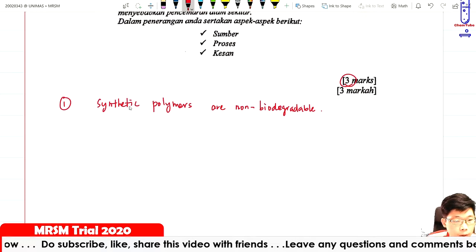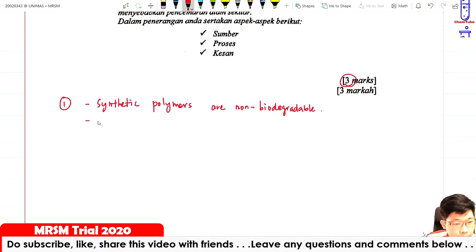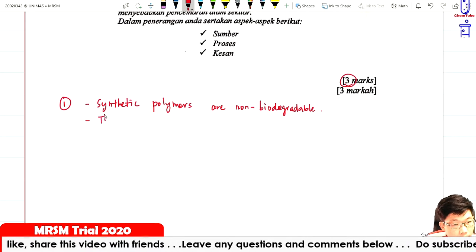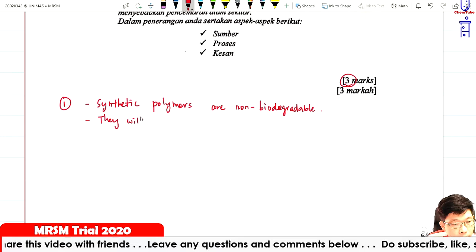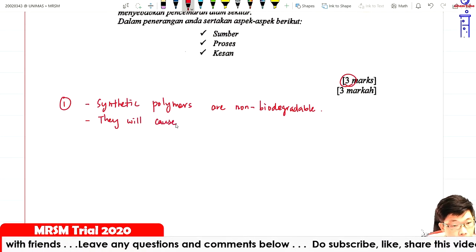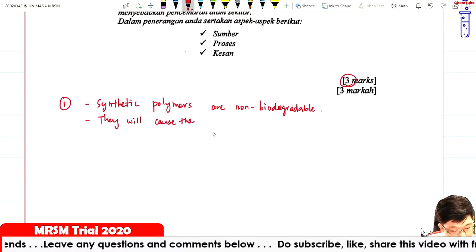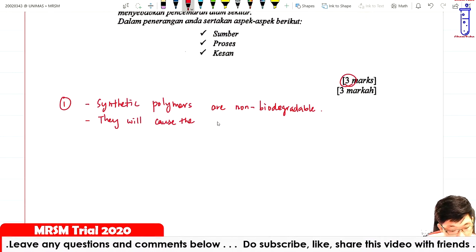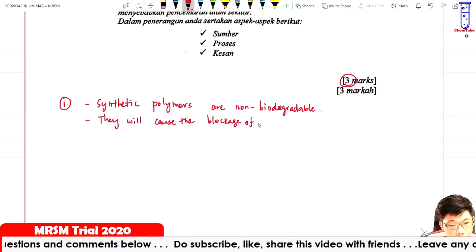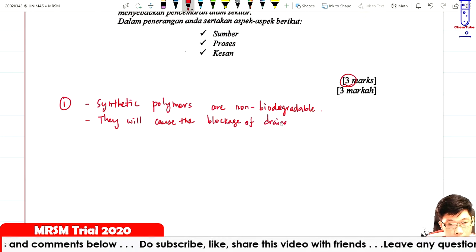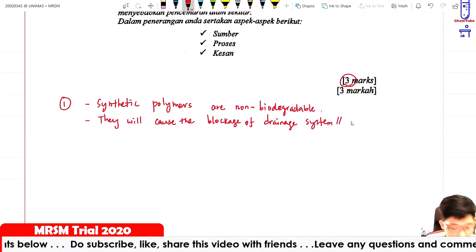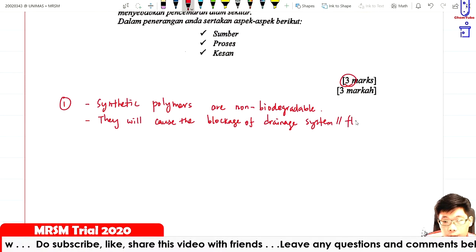So they will cause the blockage of the drainage system, and then it will cause flash floods.